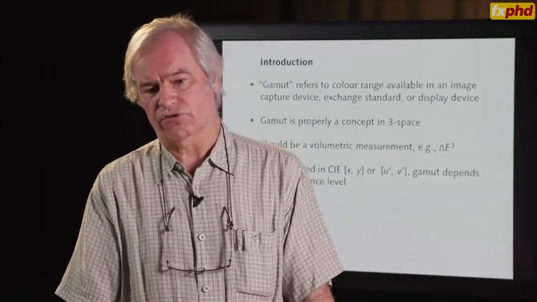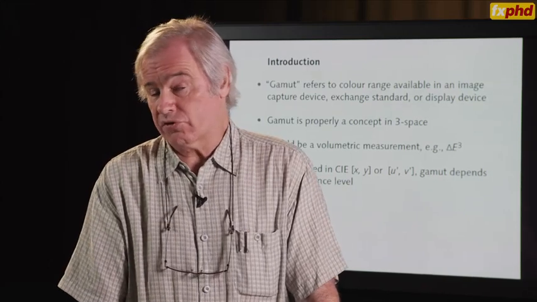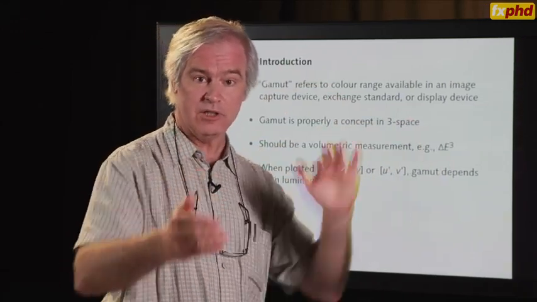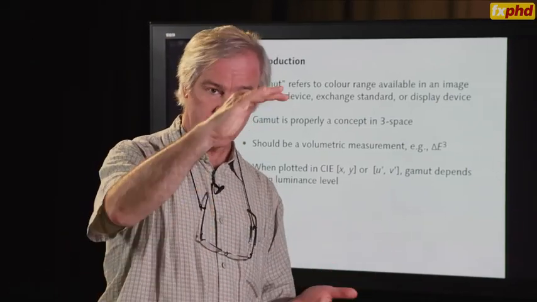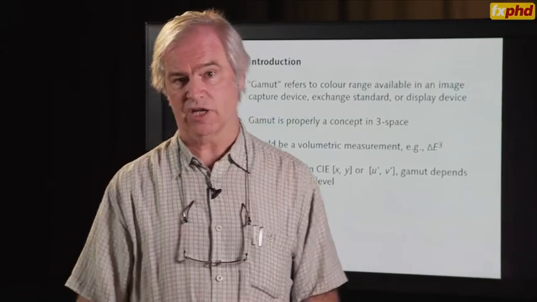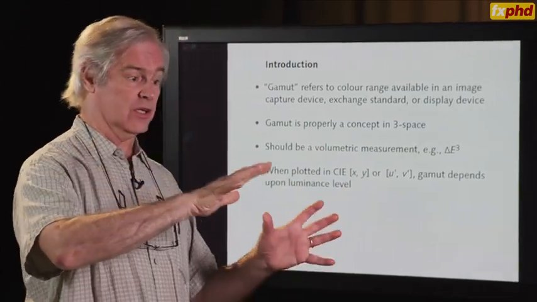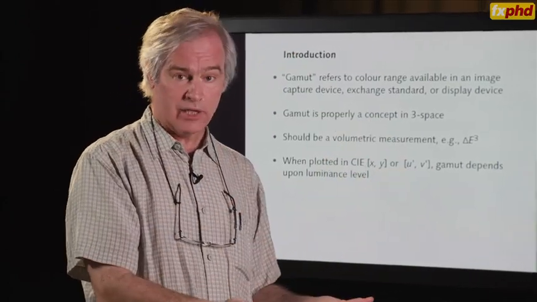So gamut is a range of colors, and to a traditional old school computer graphics person or to a person working strictly in sRGB space, gamut is just a cube. It's from 0 to 1, 0 to 1, 0 to 1 on each of the 3 coordinates. That's the end of the story. But after having seen the first 2 classes in the series, you realize that gamut is really potentially defined visually.